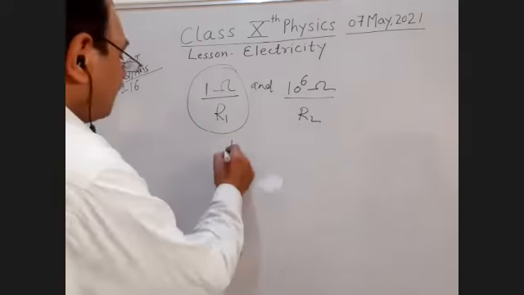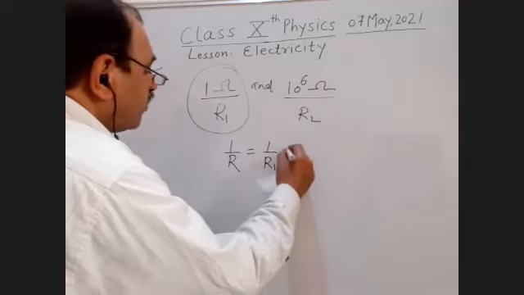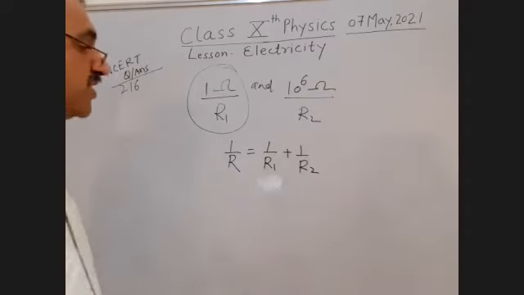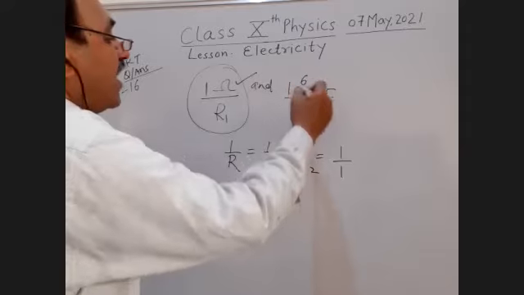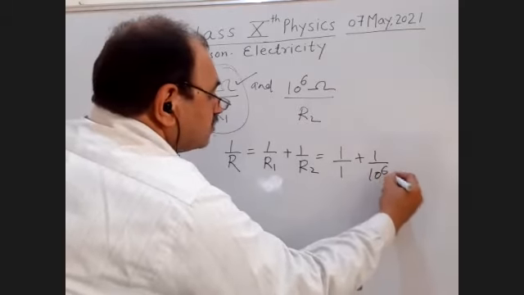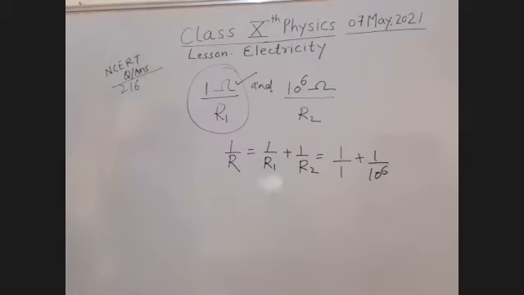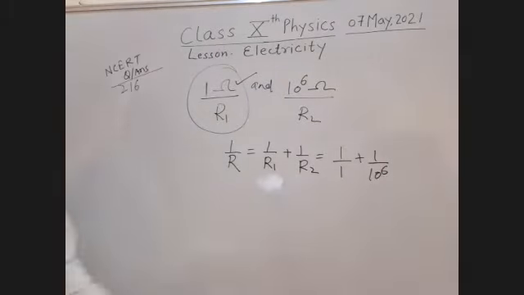How will it be? The formula, we know that 1 by R is equal to 1 by R1 plus 1 by R2. Now, R1 is given as 1 ohm and R2 is given as 10 raised to power 6 ohm. Here I take the LCM, especially in this type of question.